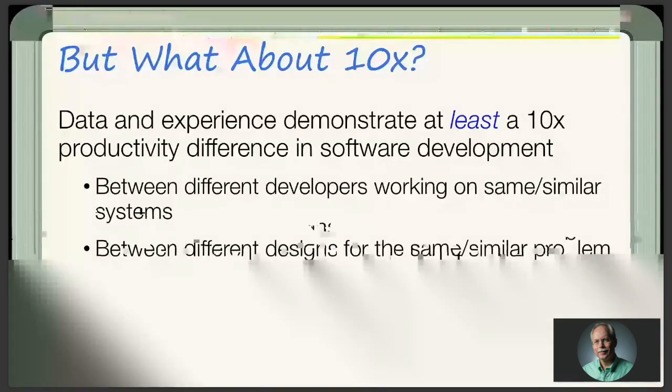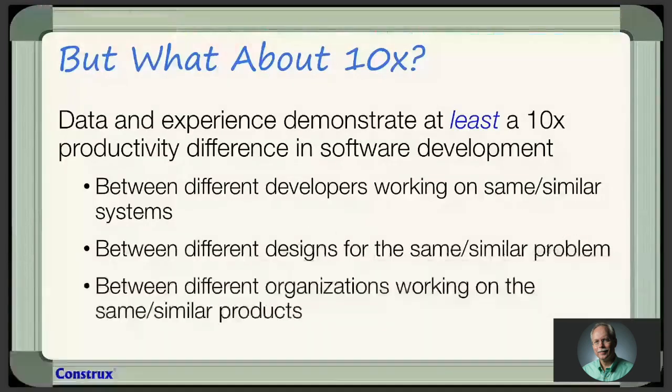I list three of them up here: between developers working on similar systems, different design approaches, and different organizations working on similar kinds of problems. And it's not just 10x. We've seen 15x, 20x, 30x, and we've seen practices that have driven productivity a huge amount.